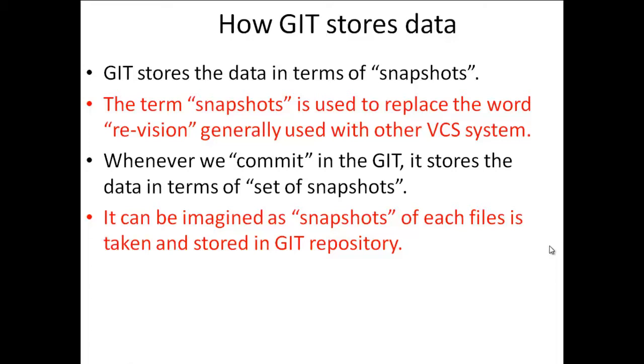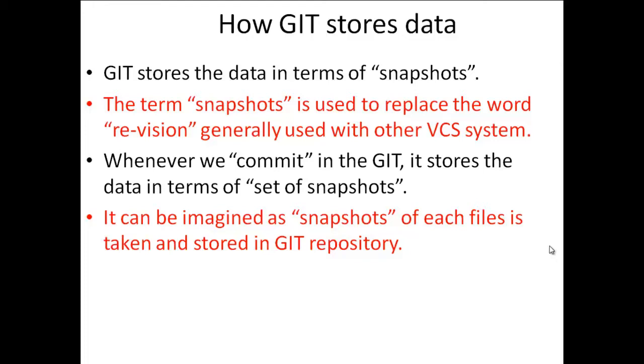If for the very first time we are checking in new code, then the entire project will be committed, right? But next time, let's say initially we committed 1,000 files. If we commit the code again, it will not commit those 1,000 files again.